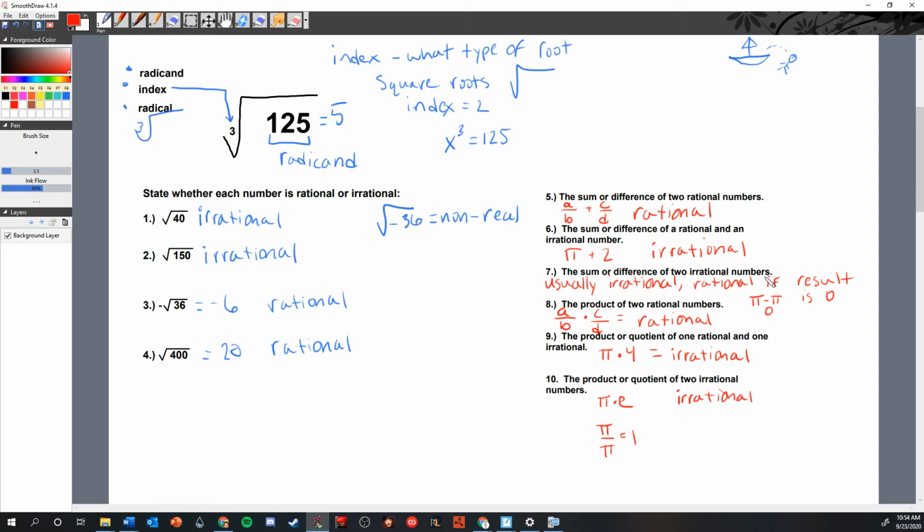So similar to the sum of irrationals, it's going to be irrational unless the product or quotient is 1 or some other rational number. So how about we just say it could be either. It really depends. This is a hard question.